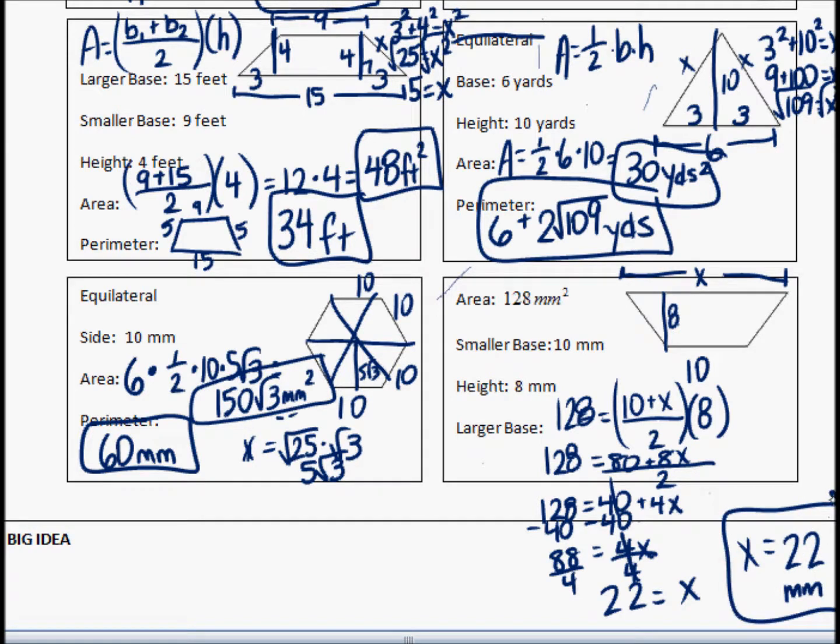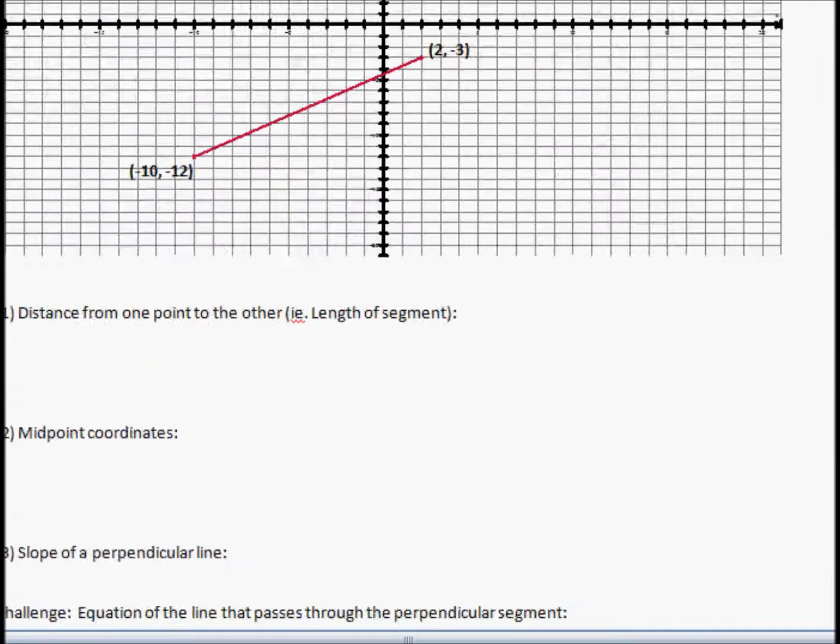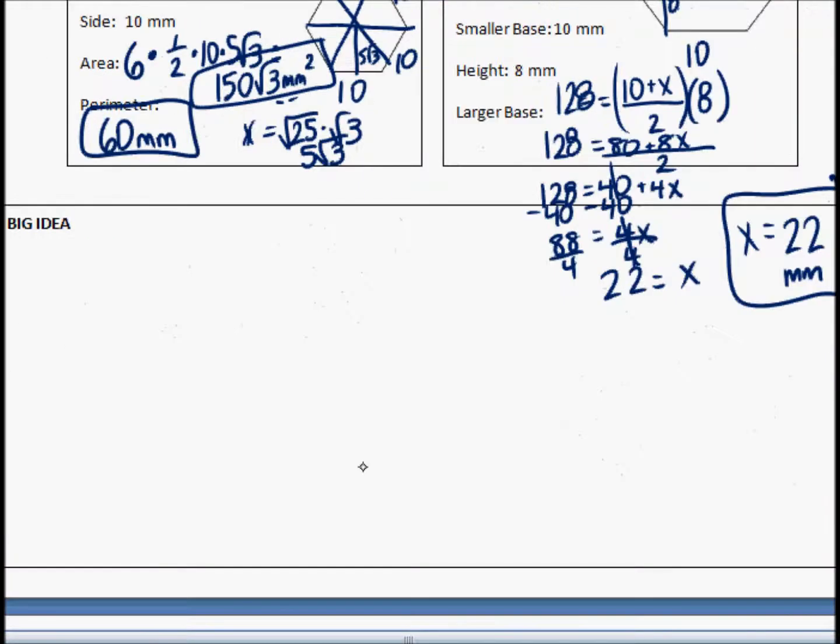Just to get a quick summary, what you should leave this opener with is a few formulas that you can use to find areas of different figures. Perimeter is really just the distance around a figure, so there aren't too many formulas for that you need to know. But some really good area formulas that would be very useful for you to know would be the area of a rectangle, which is length times width.